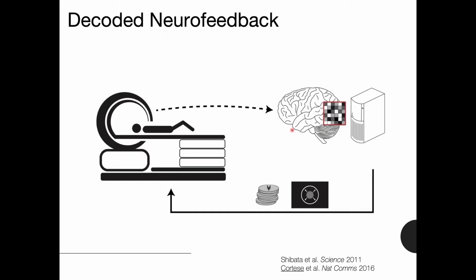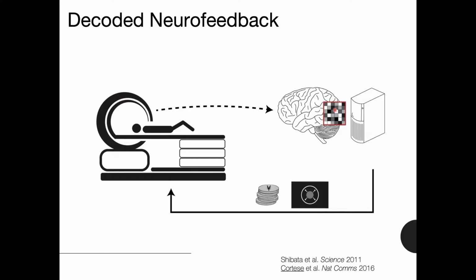So if you think of decoded neurofeedback, it's a branch of real-time fMRI, functional magnetic resonance imaging, that is coupled with online machine learning decoders to extract patterns of activity and provide a reward to participants based on that. So what happens is that we measure the brain activity with the fMRI scanner in real time.